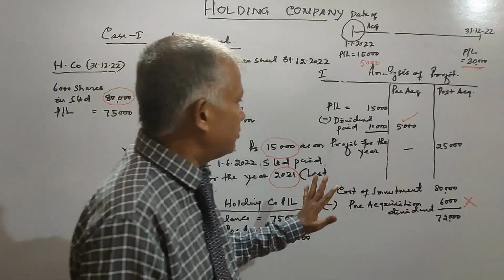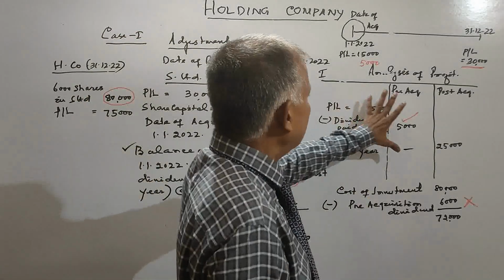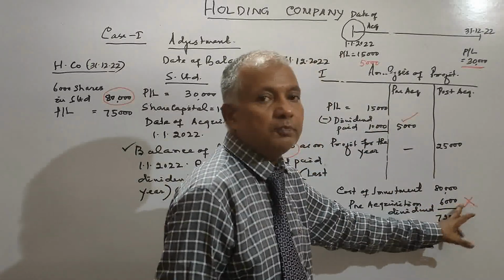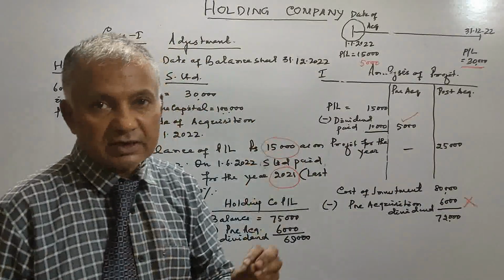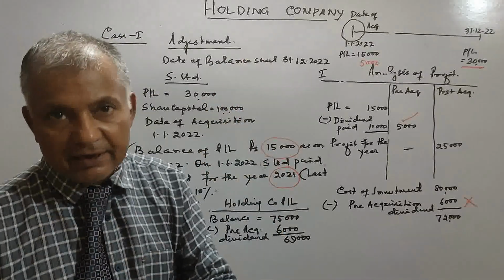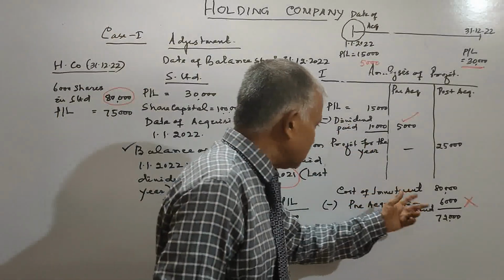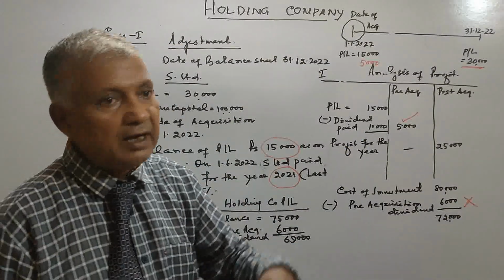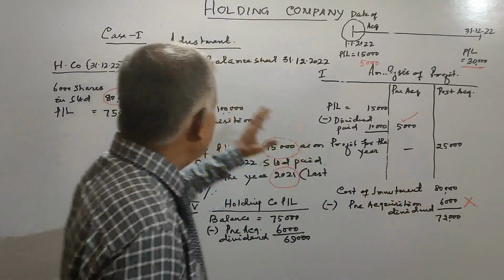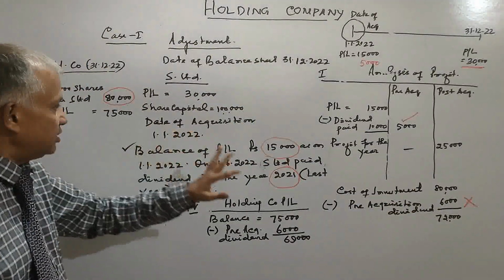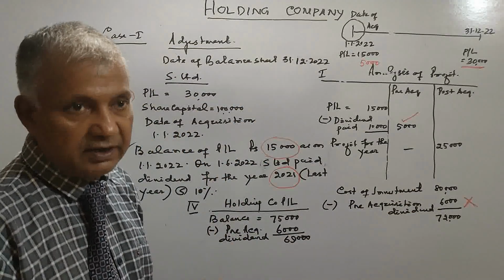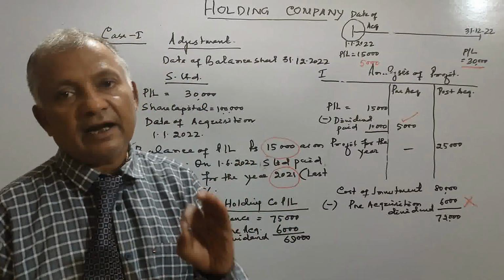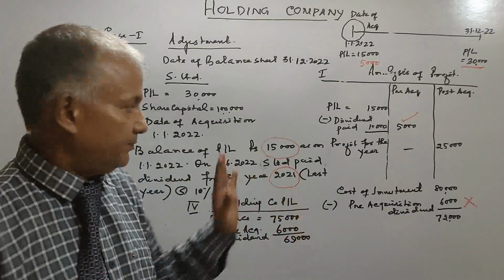So you need not do any other thing. You need not deduct rupees 6,000 because the entry is correctly made, and the cost of investment has been reduced by 6,000. After reduction only, 80,000 is given in the balance sheet. This is the position if it is correctly entered by the holding company.